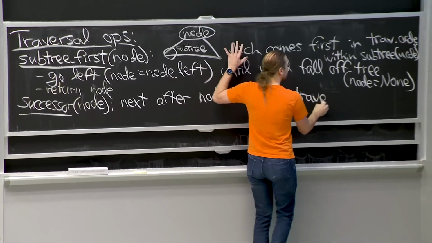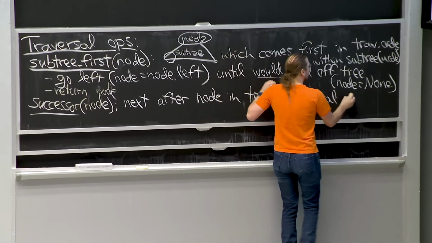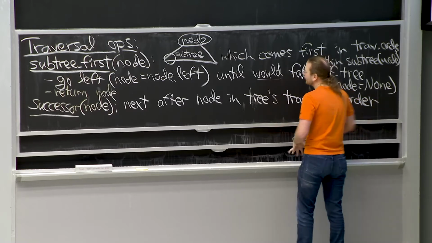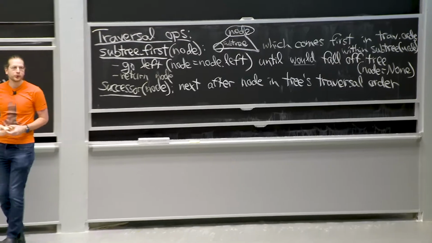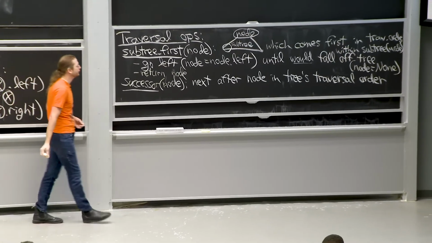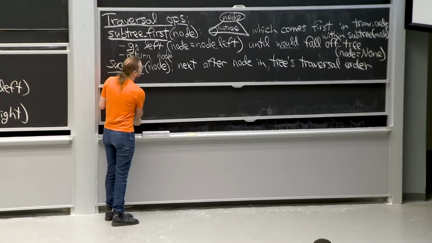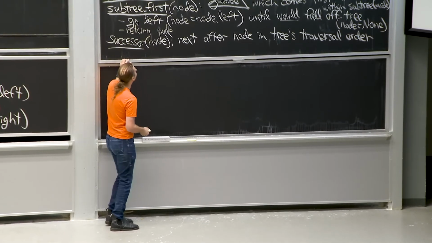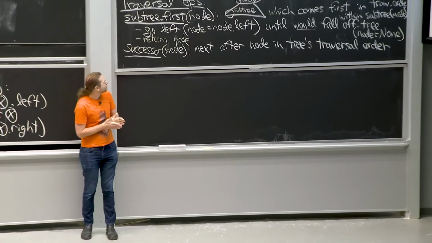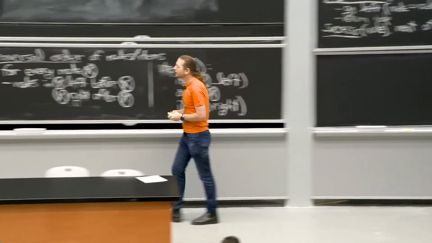Here I was restricting to a single subtree. Now I'm thinking about the entire tree and the entire traversal order. And given a node, I want to know which one comes next. Call this the successor. I feel like I should make some kind of royal family joke now, but I don't know how. So every node has a unique successor.